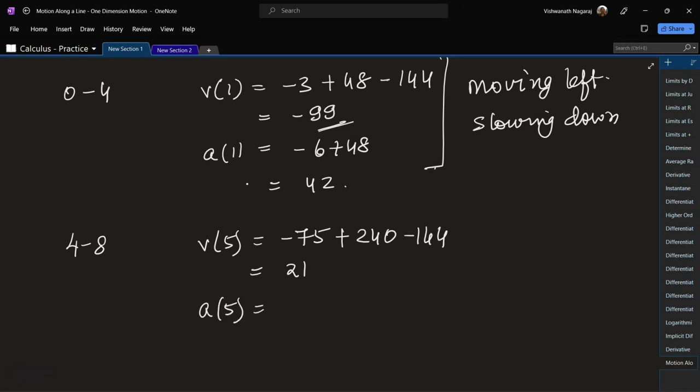A of 5 is equal to minus 60, so that means minus 30 plus 48, which gives us 18.